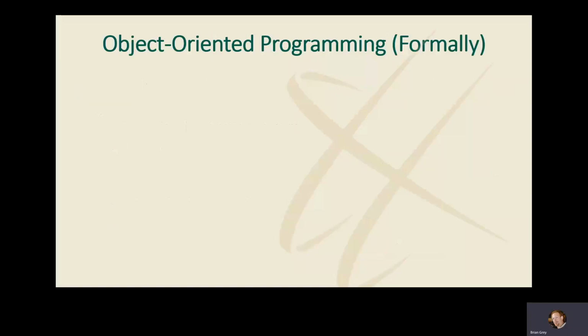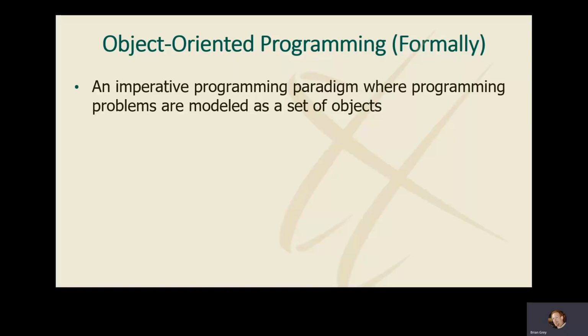So, more formally, what is object-oriented programming? Object-oriented programming is an imperative programming paradigm where programming problems are modeled as sets of objects. Now, these are some wonderful vocab words and a little outside the scope of this class, but this imperative programming paradigm you will see more of when you get to, I believe it's CISC 325, where you're going to look at different programming paradigms and how languages are structured.